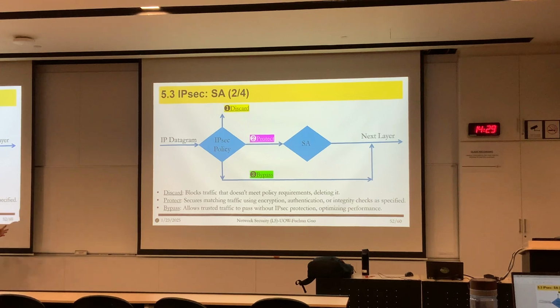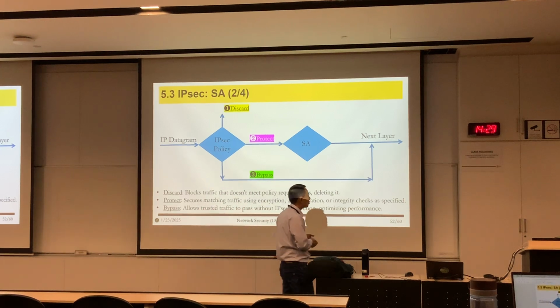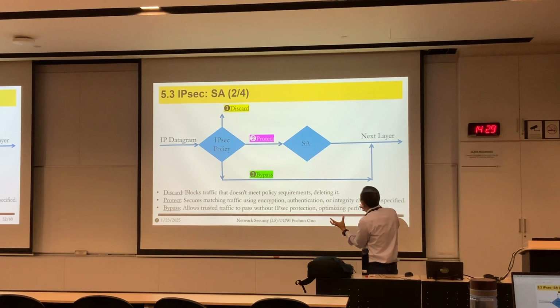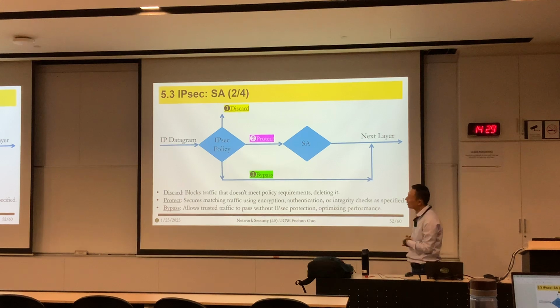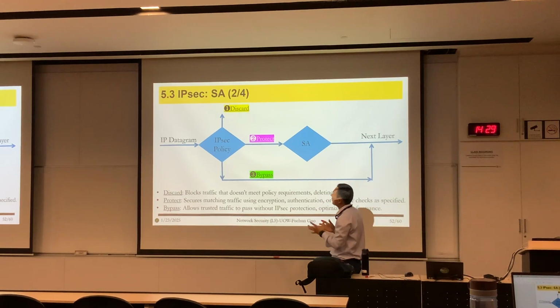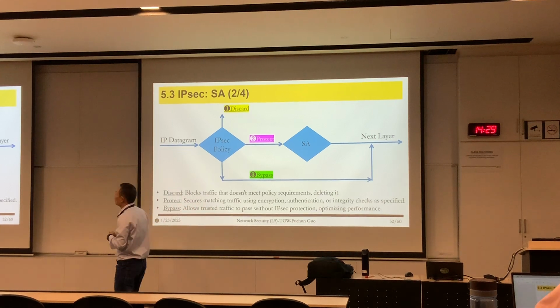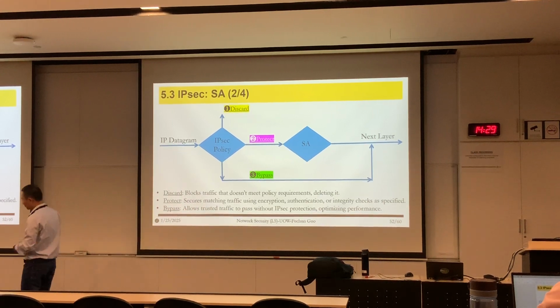For example, we do the cryptography operations using encryption, authentication, integrity checks, as specified inside the SA. After that, we will go to the next stage. Again, this applies to received IP packets or IP packets to be sent out.